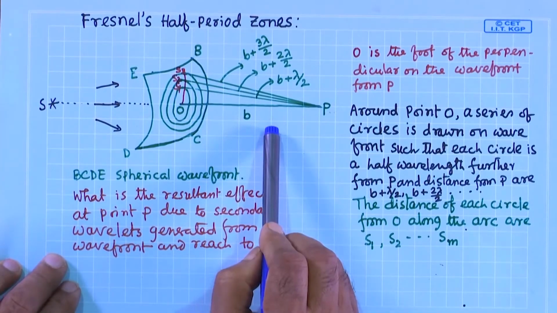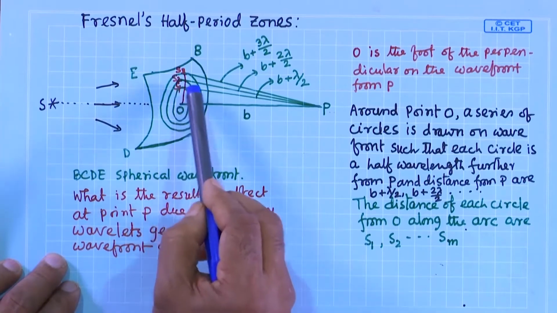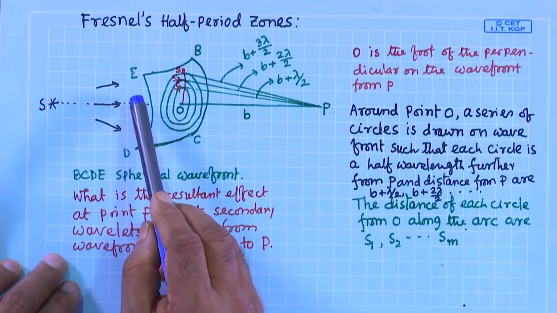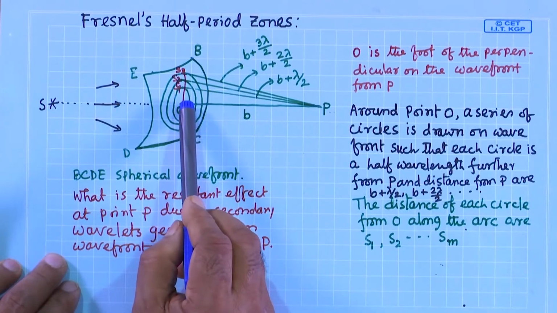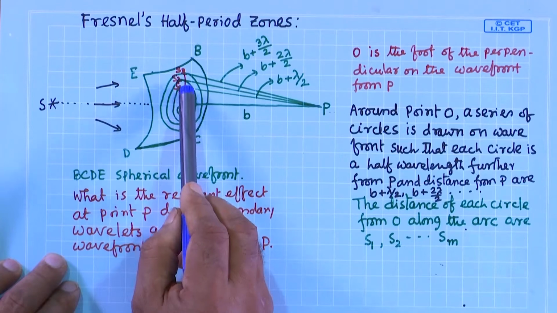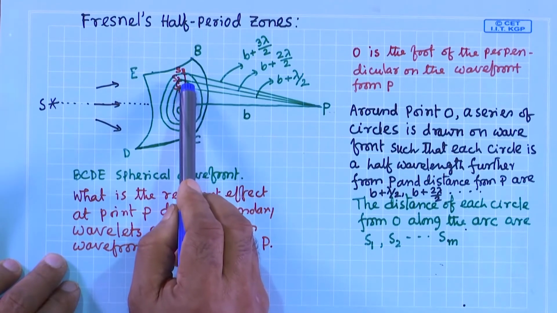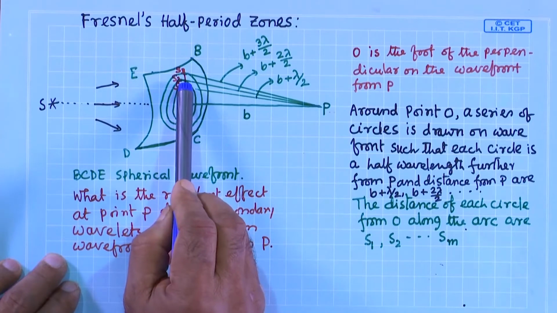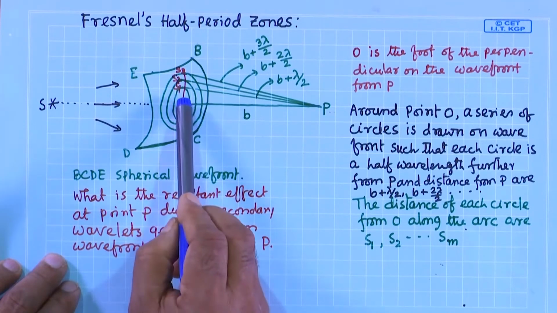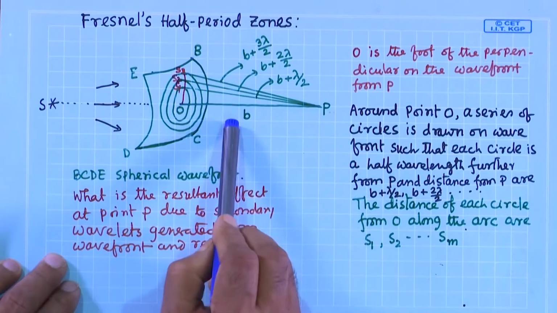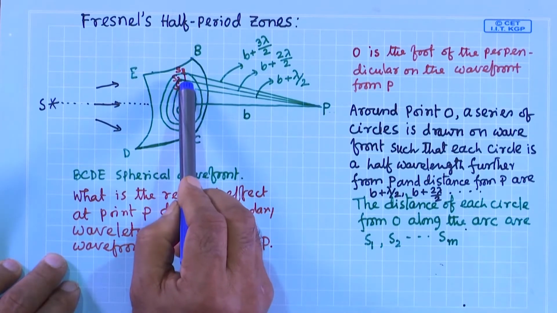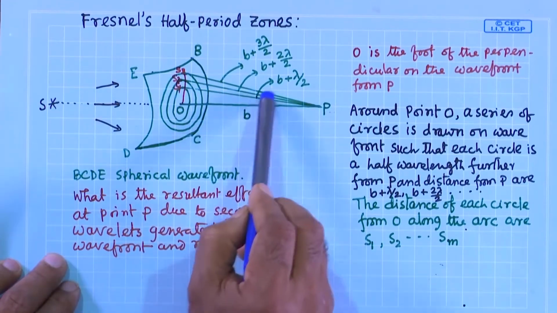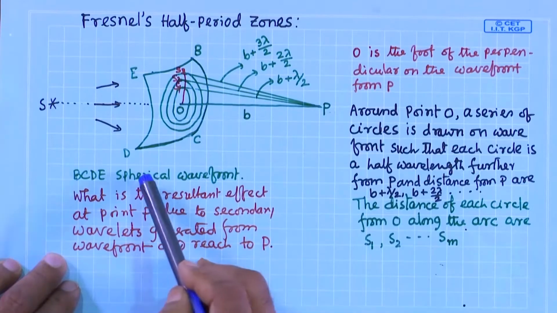Now if you draw the circles in this way, the distance of the center from P is B. The distance of the next circle from P is B plus lambda by 2, half a wavelength more.